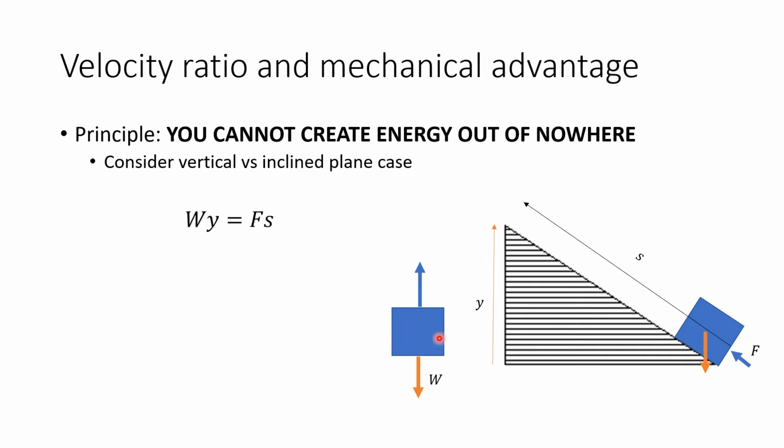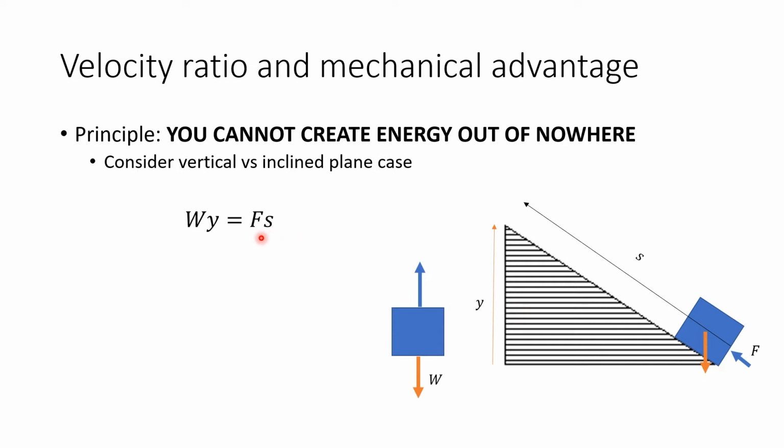So the work done along this path and this path should be the same. You cannot create energy out of nowhere. So W times Y must be the same as F times S. This is from conservation of energy.